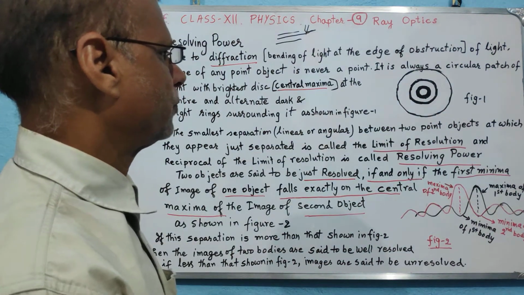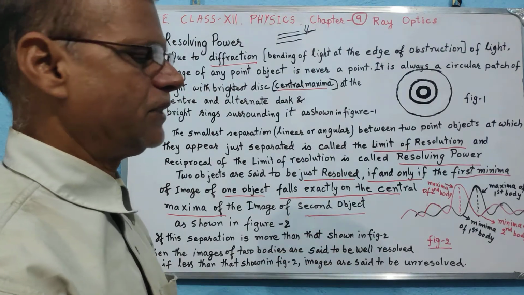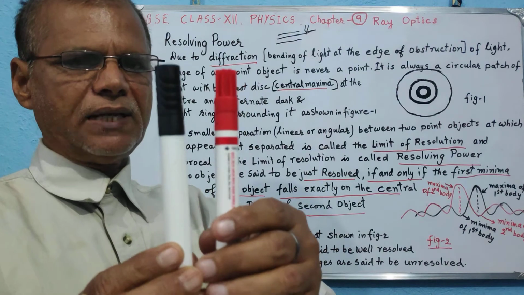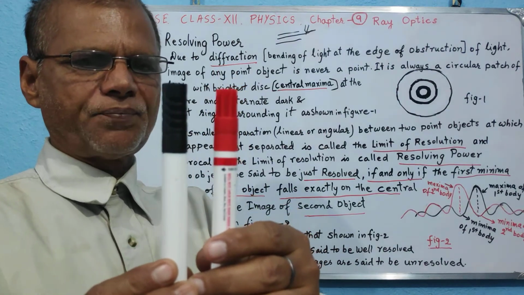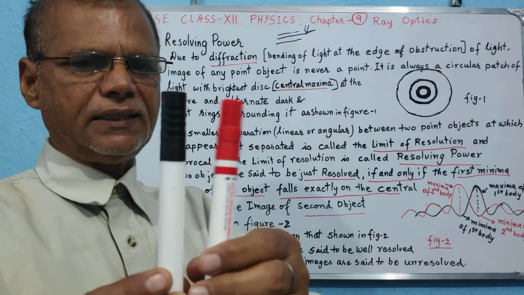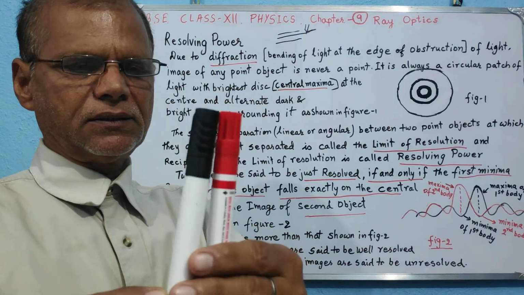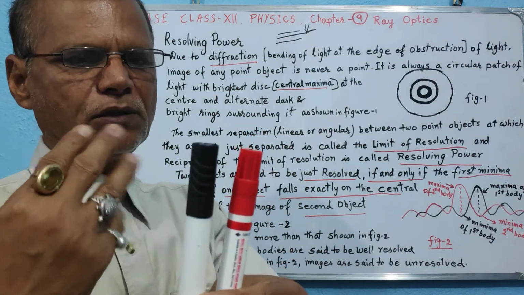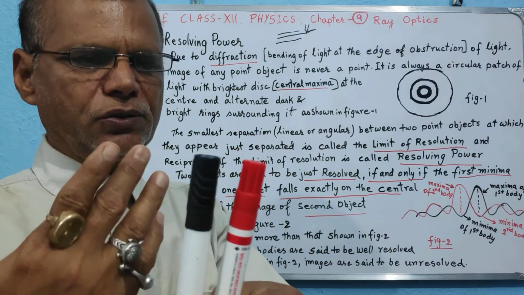Now, consider the images of two objects placed very close to each other, say for example two pens, and we have a device, or we talk about our eye, the human eye is also like a device.